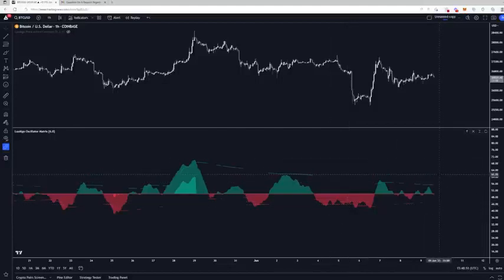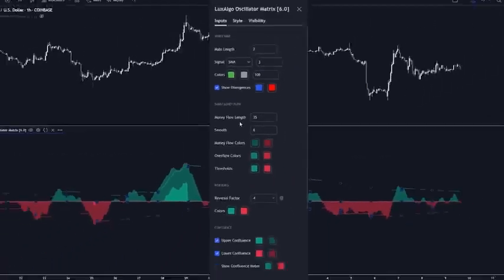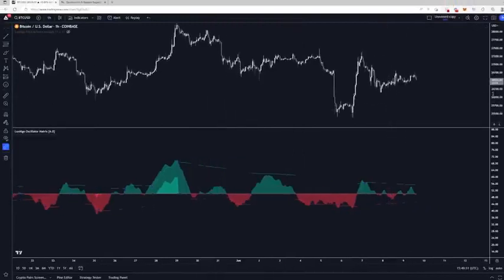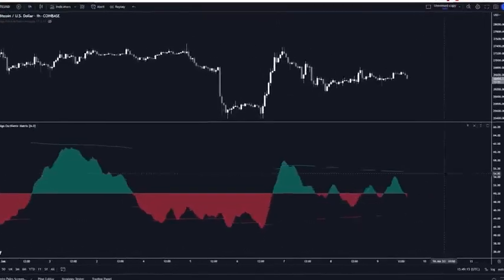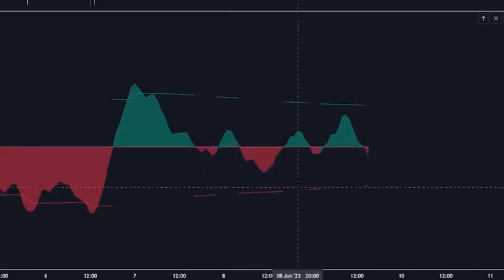And the really powerful thing about the smart money flow category is that there's many components to help you really get a lot of details about what's happening with the money that's entering and exiting the market. My favorite thing about this is the thresholds, which are these lines that show you where significant money would be coming in or leaving the market if the money flow was near them.